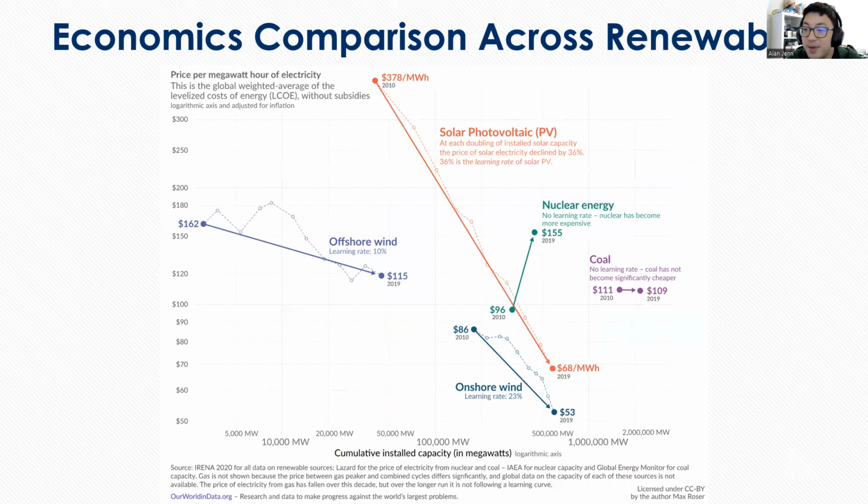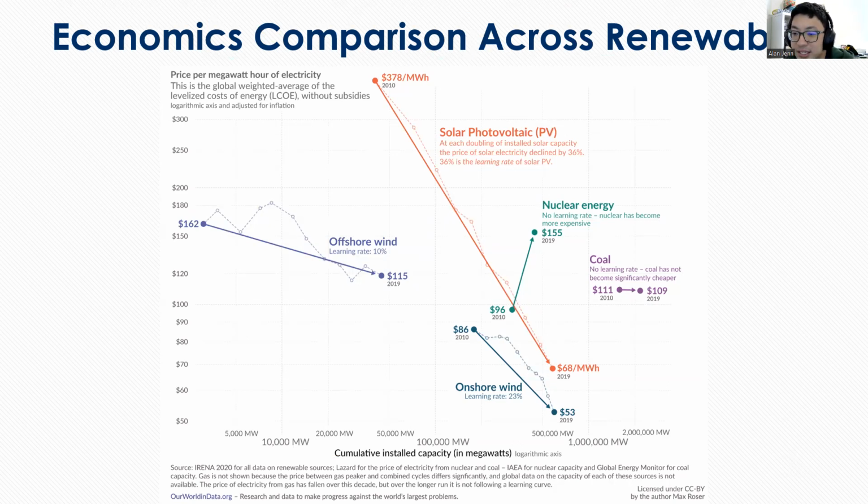Yeah, here's the economics. Okay, so this chart I think answers the question earlier about the levelized cost of different resources. And so it is a function of the total amount that has been installed over time.